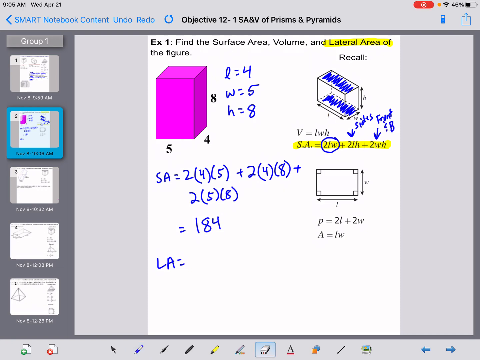All right, so lateral area will just be 2LH plus 2WH. So length is 4.